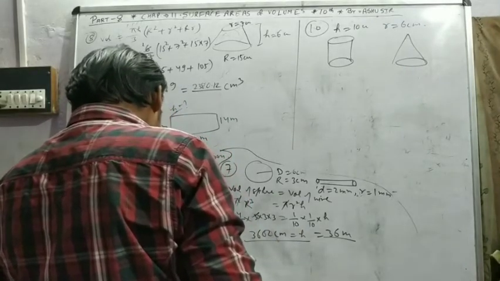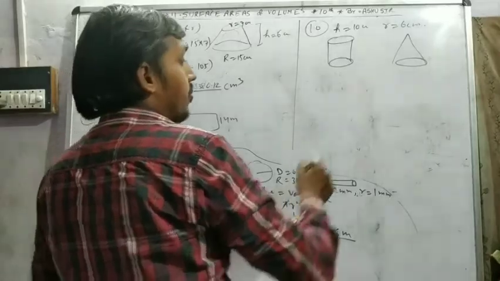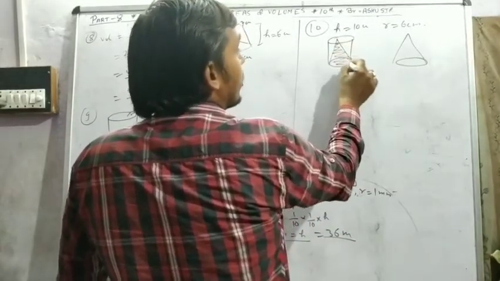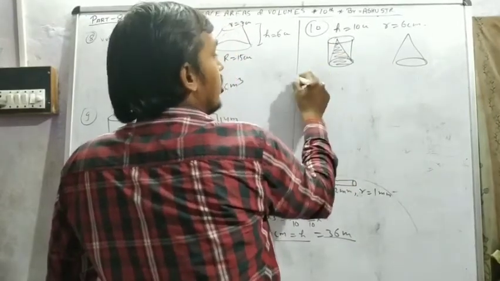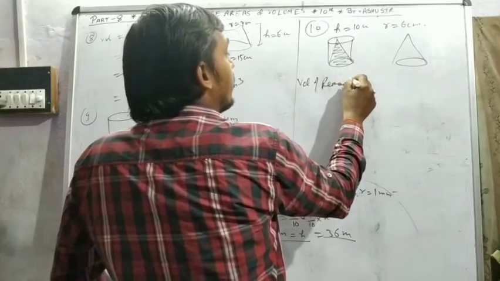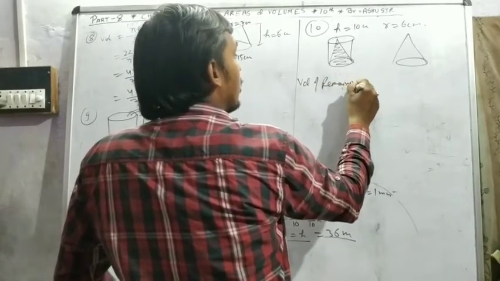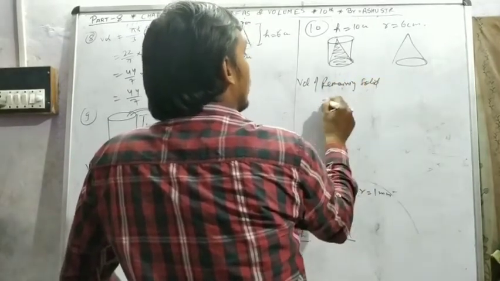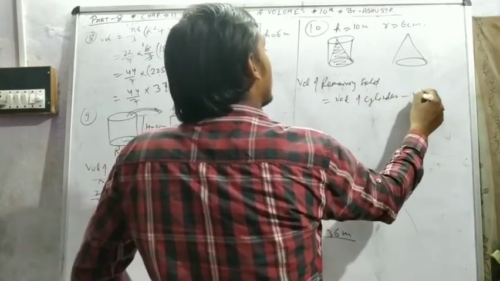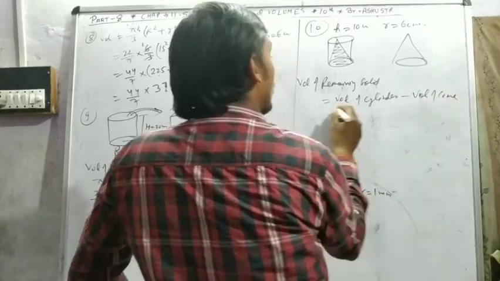Then the volume of the remaining solid, means the same type of cone is removed from here, so the remaining solid volume is equal to volume of cylinder minus volume of cone.